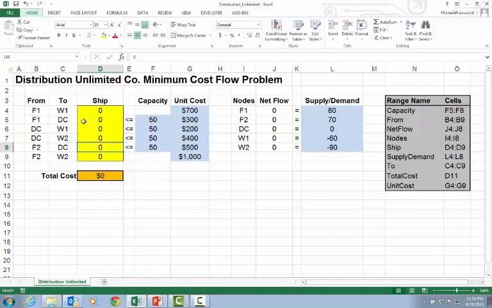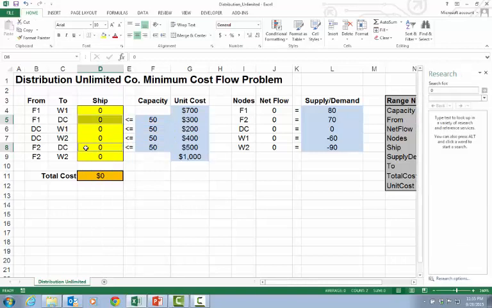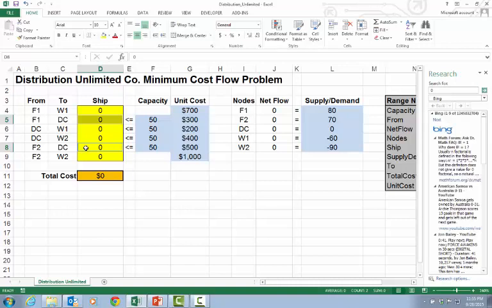So in this case, I need to say this and this. So it would basically be summing those 2 values, which are the sum of basically the arcs that are coming into the distribution center.